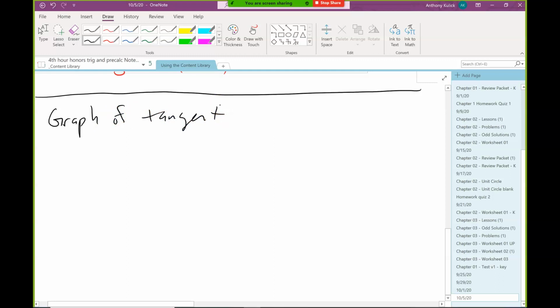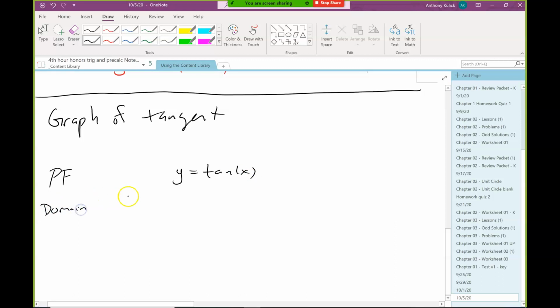Okay. Time to talk about the tangent function. Get ready for information dump. So the parent function is y equals tan of x, not surprising.